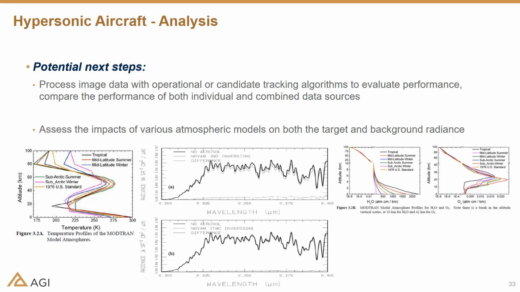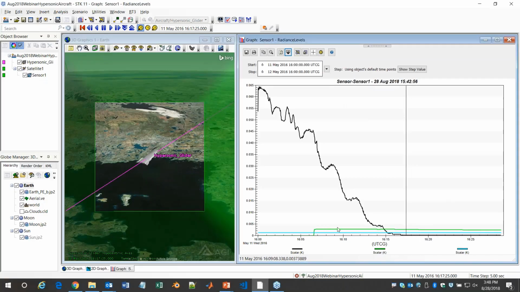For example, if we're operating in the long wave infrared and we have a subarctic summer versus subarctic winter atmospheric model, you're going to see different path radiances, and those thresholds for detection, this green line, are going to shift. So if we're really concerned with finding the operational limits of detection and tracking capabilities, we're going to want to do a parametric study like that.